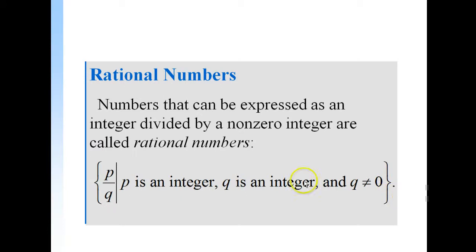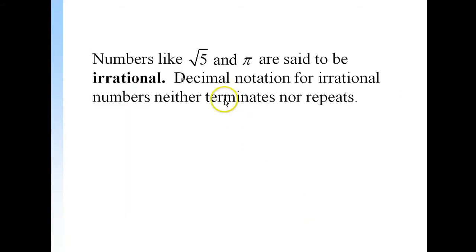So the rational numbers, we said, are the ones where, when we divide the fractions, the expression does terminate as a decimal or it repeats in a pattern. Now, if the decimal doesn't repeat and doesn't terminate, then it's considered an irrational number, and that's what we're looking at on this page.